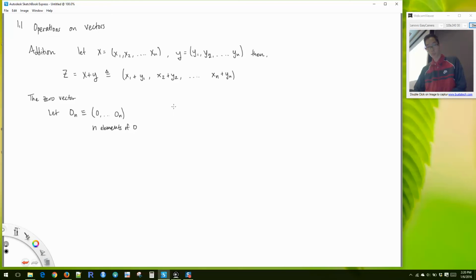This has the property that x plus the zero vector is equal to x, and so it is the additive identity.